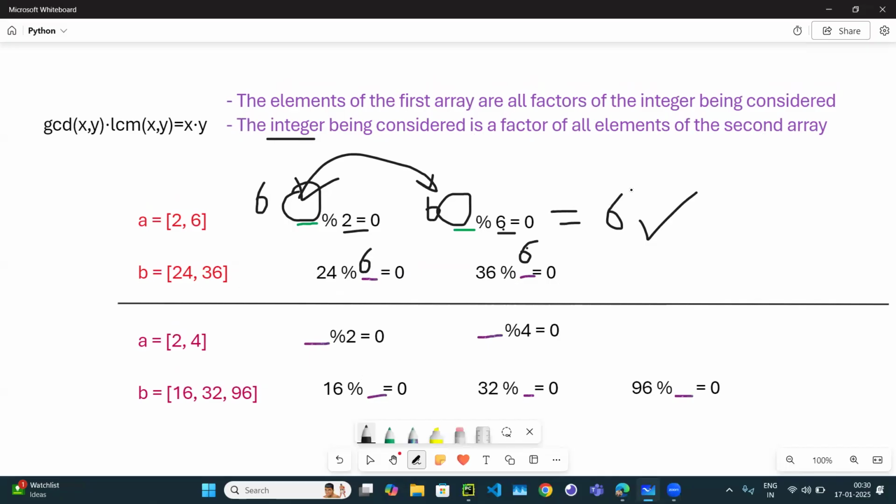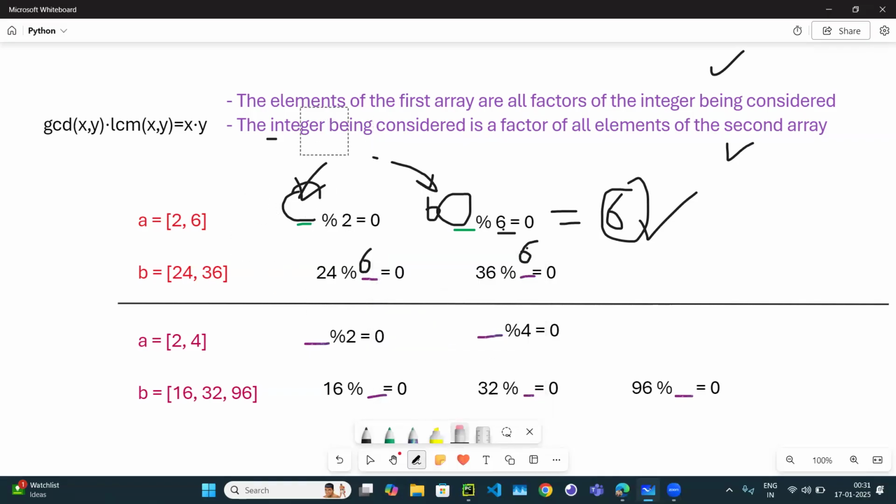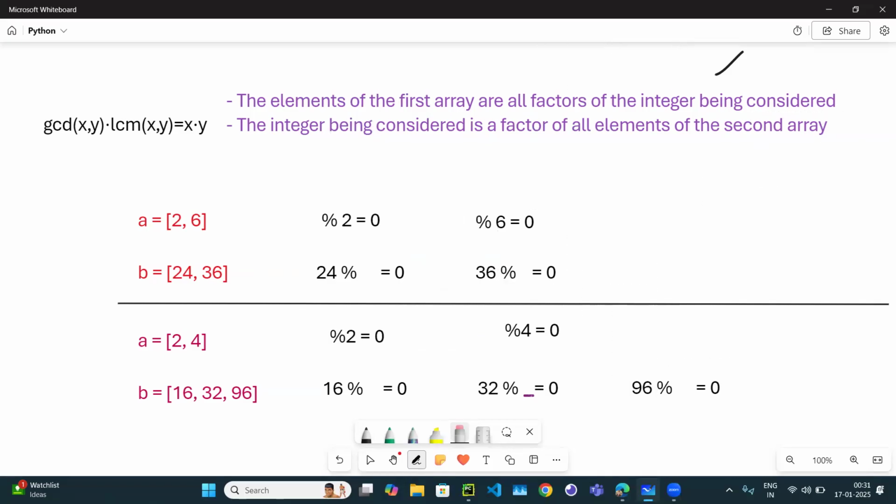It means 6 is an integer which satisfies both conditions. And we need to find the number of such integers. How many integers are there which justify these two conditions? So the first condition is this one, the second condition is this one.